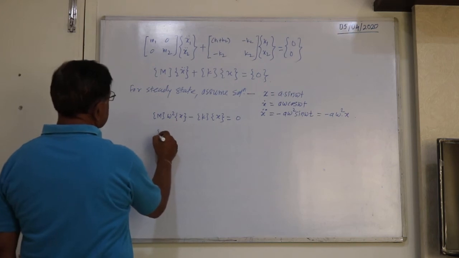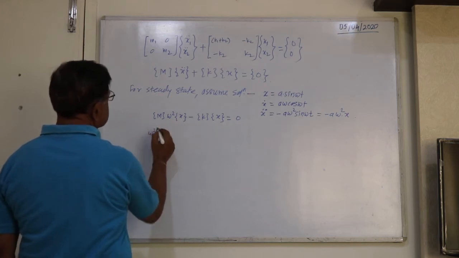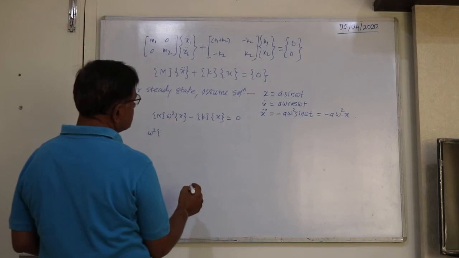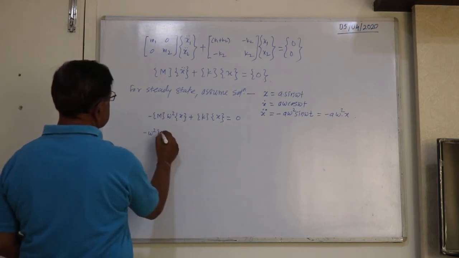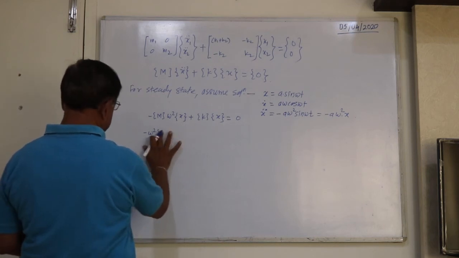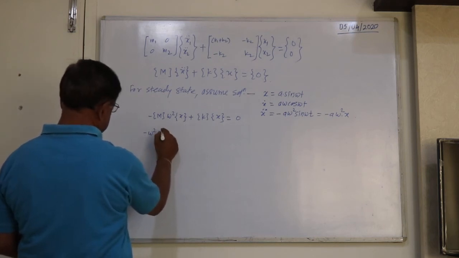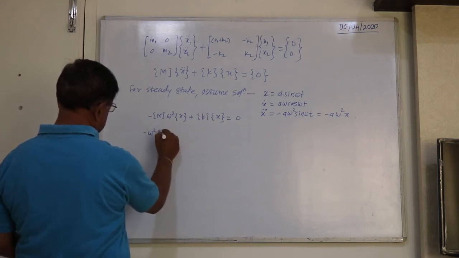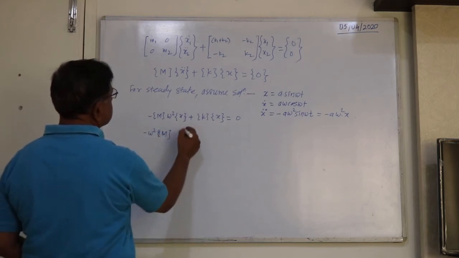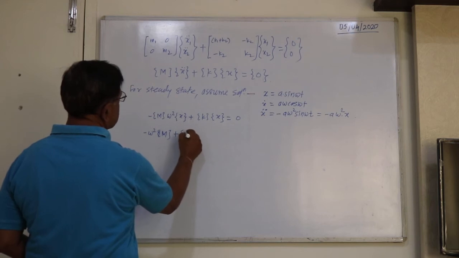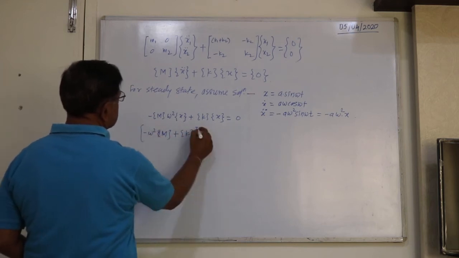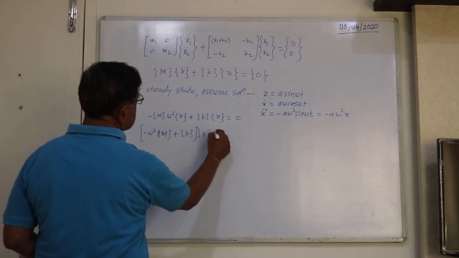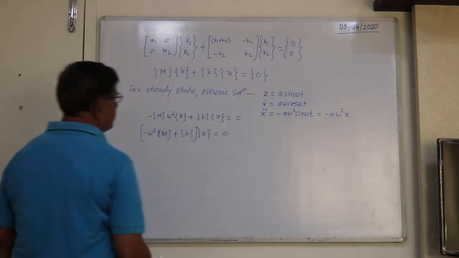So this can be written as (minus omega square M plus K) times x equal to 0.